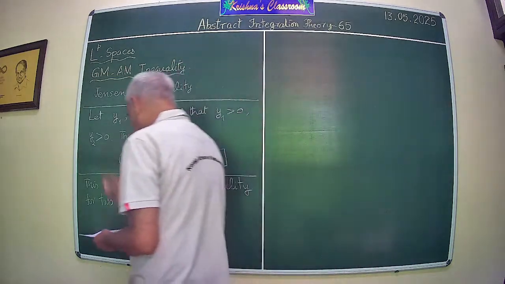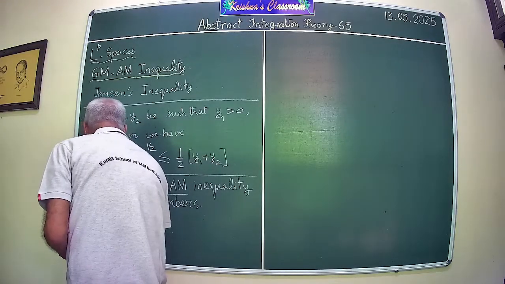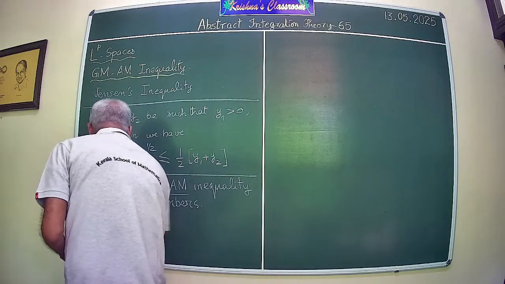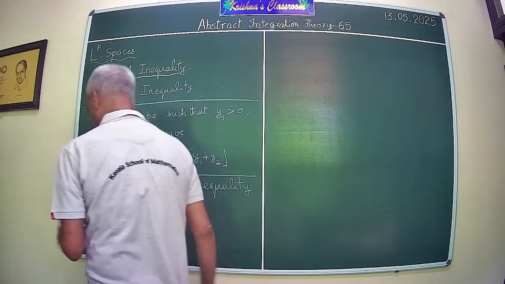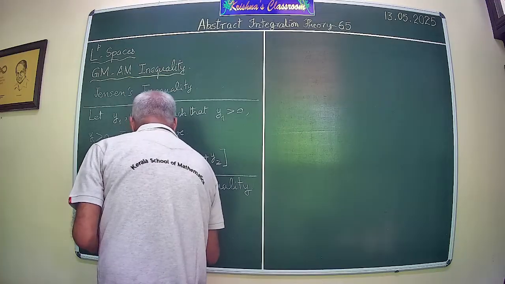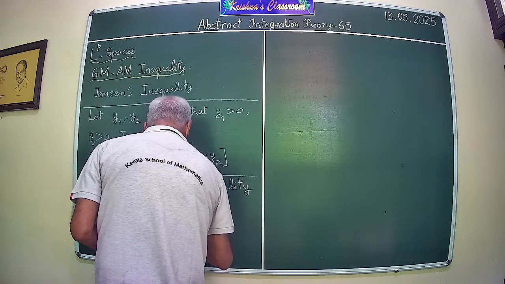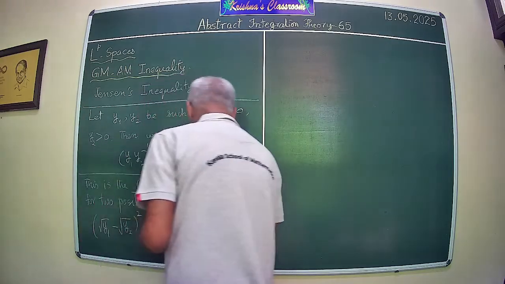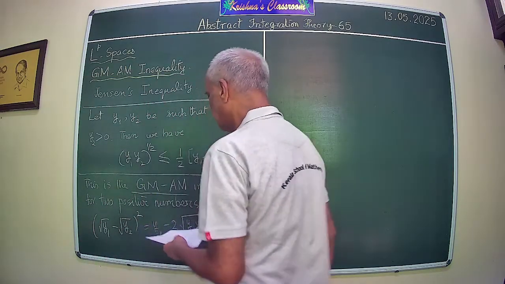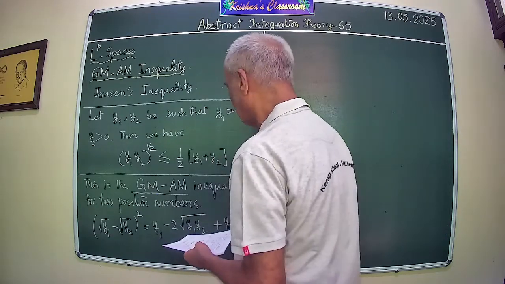It comes from this: the square of the square root of y1 minus the square root of y2 is y1 plus y2 minus twice the square root of y1 y2, which is certainly greater than or equal to 0.